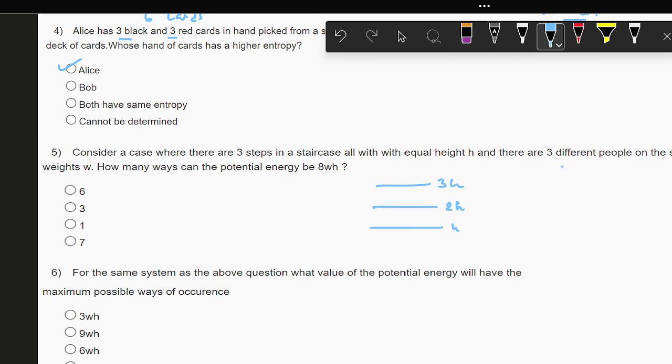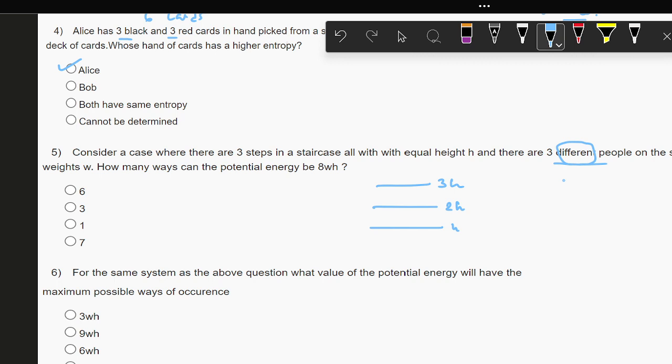And after that you are told that there are 3 different people. Now be very specific about these terms, that there are 3 different people. In this type of statistics problem, very often people miss out these small pieces of information, whether the particles or the items you are given are distinguishable or indistinguishable. If we are talking about atoms, let's say electrons or whatever, then they'll be indistinguishable.